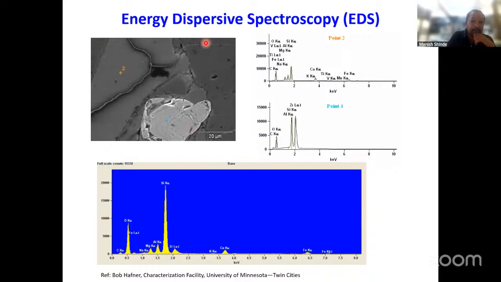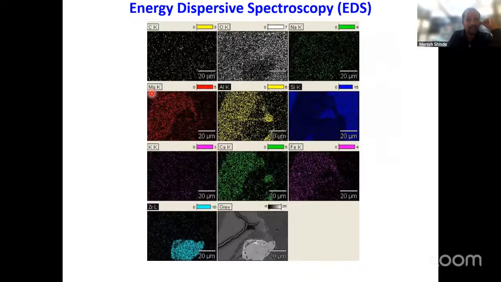But if I want to map the entire image and know the distribution of various elements in the entire image, instead of point by point analysis, I can do the entire image analysis also. That is done by another technique called elemental mapping. That means you can map each element. Why can I do this? Because my beam is raster scanning. While raster scanning, if X-rays are generated, I can capture their energies in the raster scan as well, and then those energies can be plotted as different elements, right?